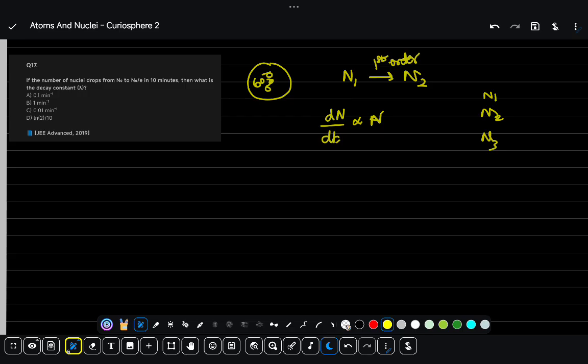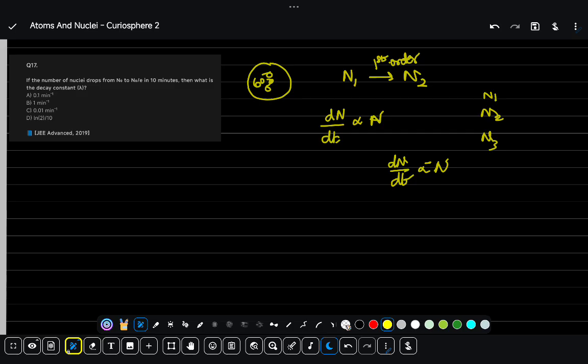All that it means is that at any instant the rate is directly proportional to the number of nuclei present at that moment. dN/dt is directly proportional to the number of nuclei present at that moment. And we use a negative sign inside it. Do you know why?